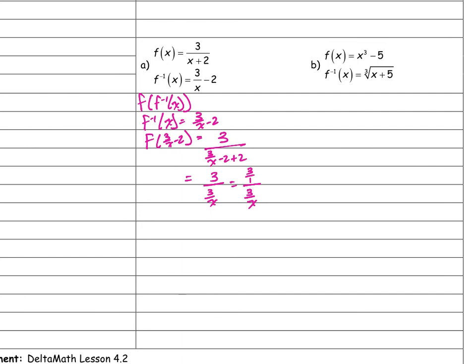So now I have two fractions that are divided. And how do I divide fractions? Well, I take the second one and I flip it, right? And then it becomes multiplication. So this becomes 3 over 1 times x over 3. So those 3's go away and I get left with x. Okay?